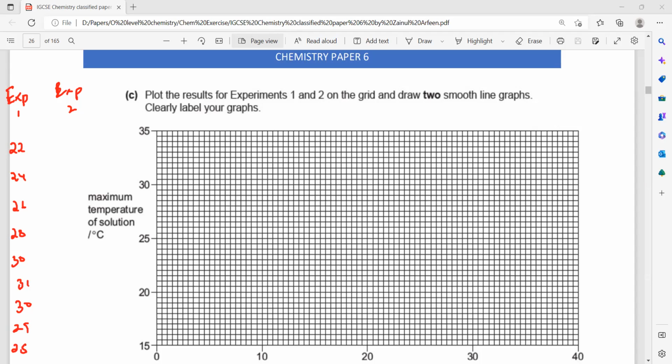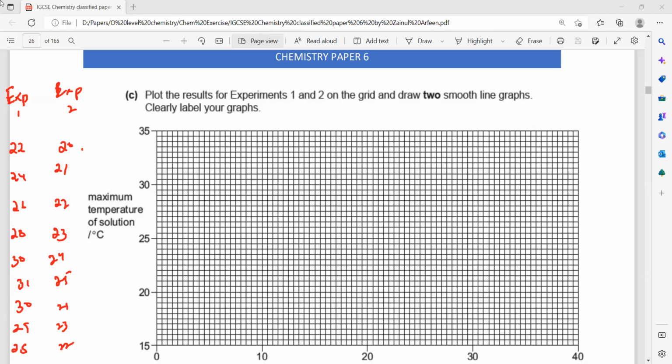For the second experiment, we have 20, 21, 22, 23, 24, 25, 24, 23, 22. And the amount added is 0, 5, 10, 15, 20, 25, 30, 35 and 40.